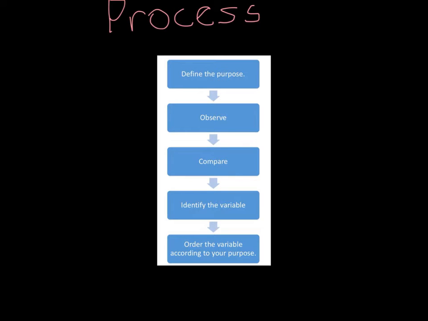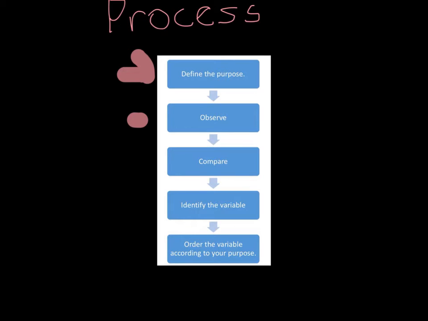First of all, we have to define the purpose. As we have done with the previous processes, it is important to know why we are doing something, what the purpose of it is. Then we have to observe, to watch carefully the things or animals or people that we want to classify.